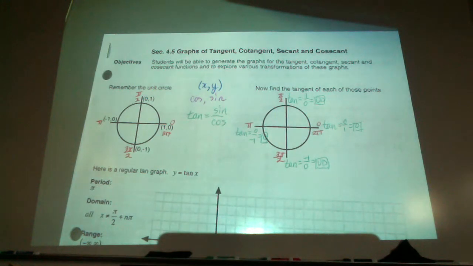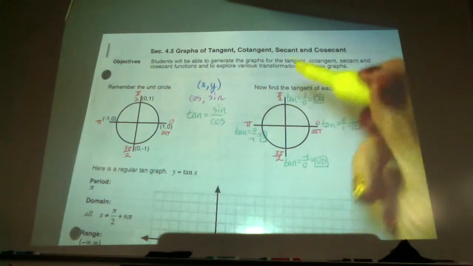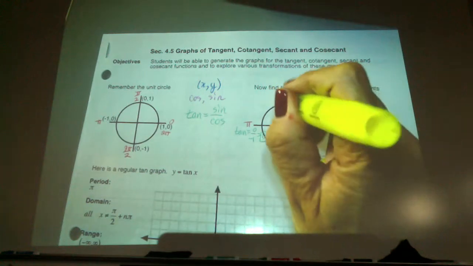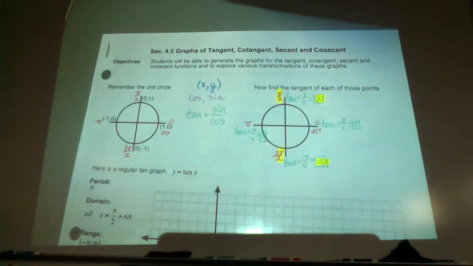So we have a pattern here. Tangents at those points are either 0 or undefined. What have we done in the past to show when we graphed that that part of the graph is undefined? What do we use? Think of your graphs of fractions, like 10 over x minus 2.